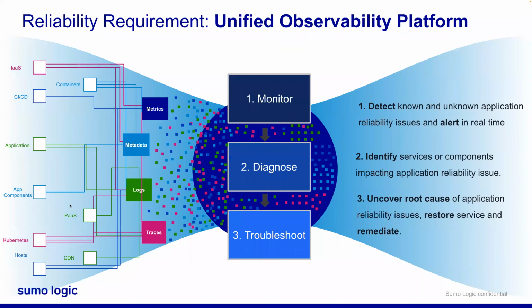And beyond that, you might have your CI/CD pipeline, your CDN services, load balancers. It's required to have all relevant data, such as these metrics, metadata, logs, traces in Sumo Logic in order to provide that visibility. This is going to allow you to not just monitor alerts, but start to get deeper. Go from monitoring to diagnosing to troubleshooting.